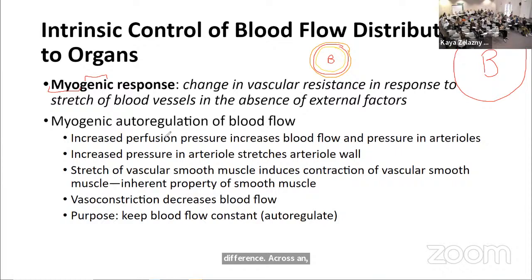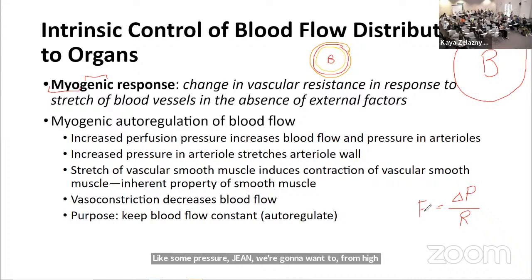So that delta P, we've been talking about it in terms of the whole cardiovascular system, but if we wanted to talk about it across a single organ, we could. And we have that same thing, right? Pressure means we're going to want to have fluid moving from high pressure to low pressure. So that's what the perfusion pressure is.